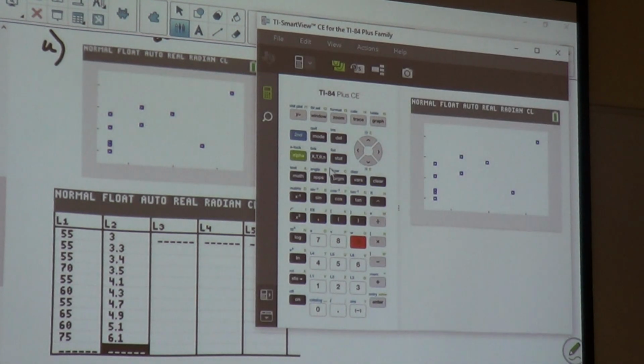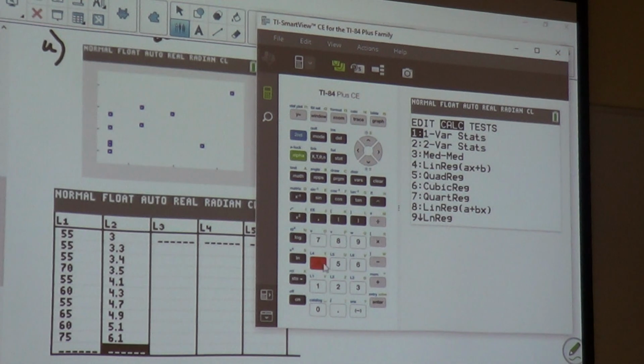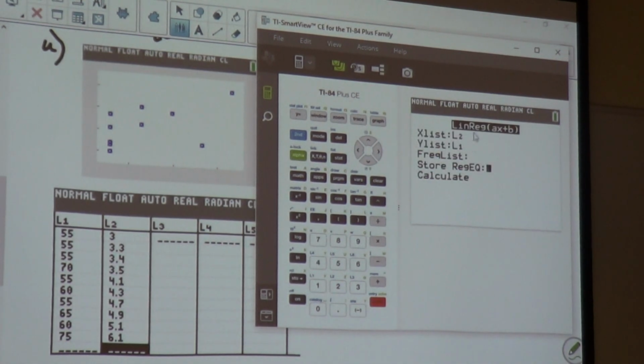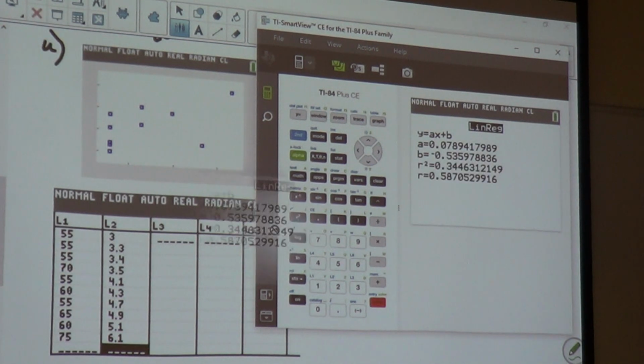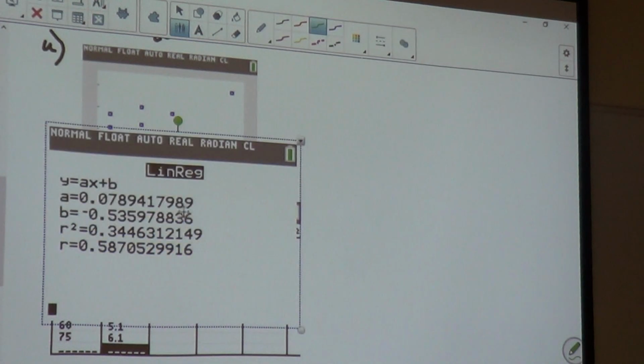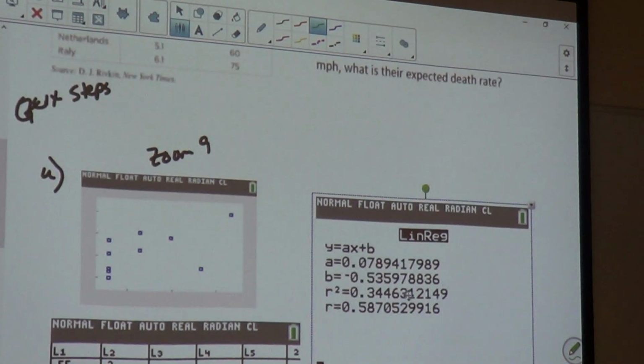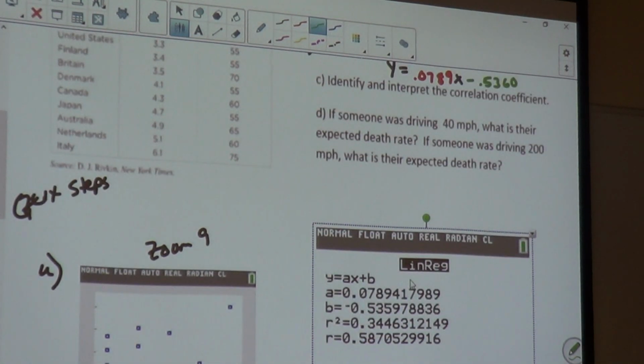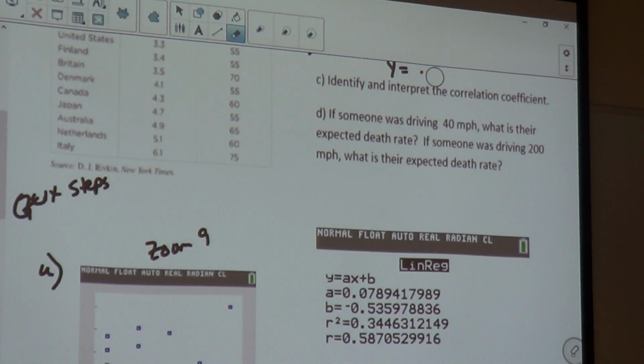So now when I do stat, calc, linear regression, oops, I need to change these back because I screwed up, and I'm going to do L1 for my X values and L2 for my Y values. Does that look better, y'all? I still have the R's.